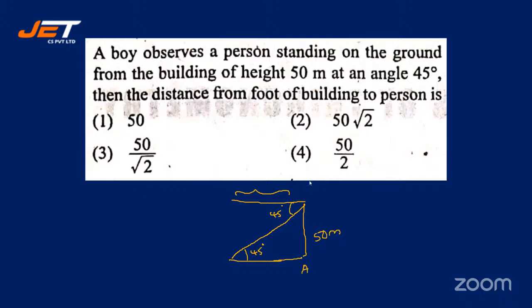So both are the same. Let us take this as B, this as C and D. So you're assuming it to be x.